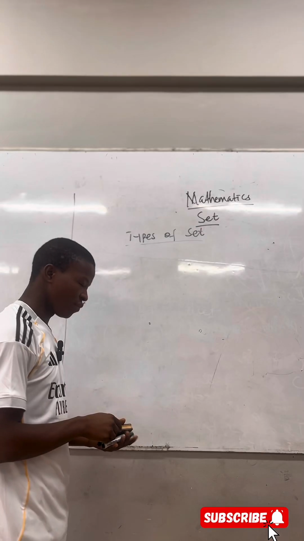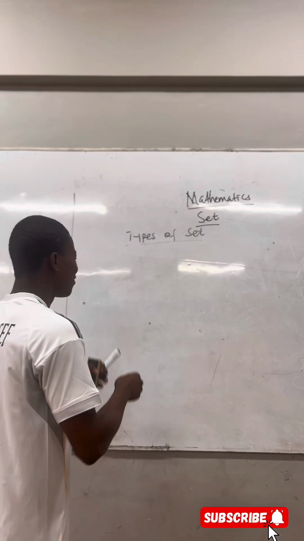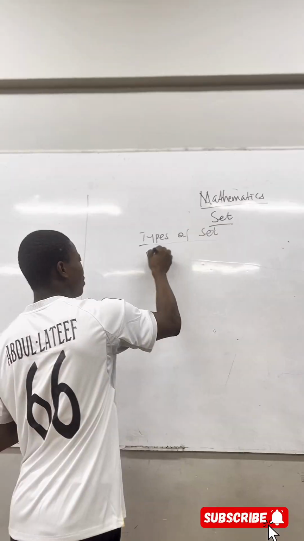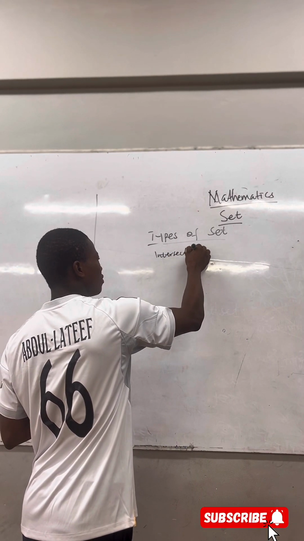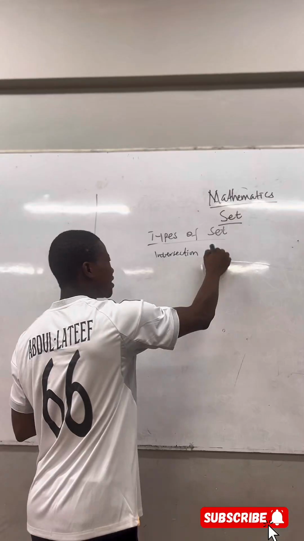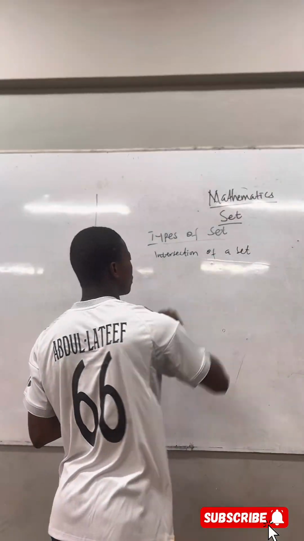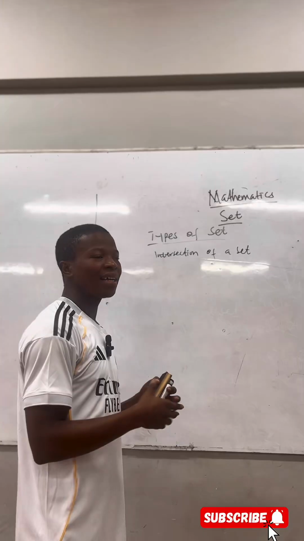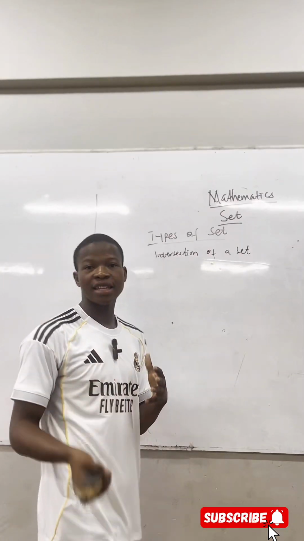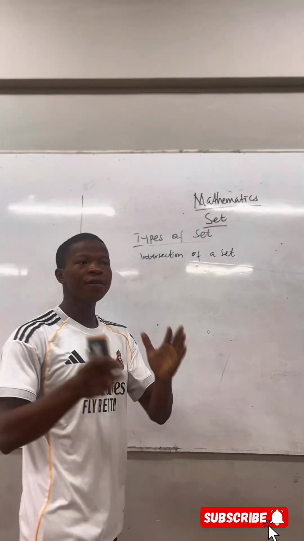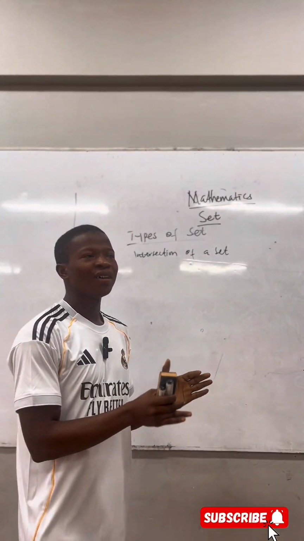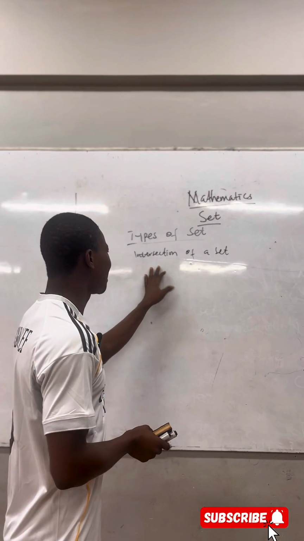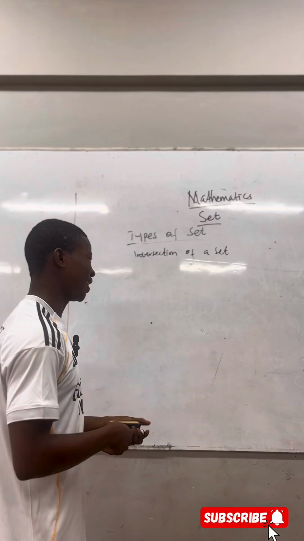Continuing on this, we can also have the intersection of a set. The intersection of a set is the number that can be found in set A and at the same time in set B. So if a number, member or element in set A can also be found in set B, we say that they are intersected.